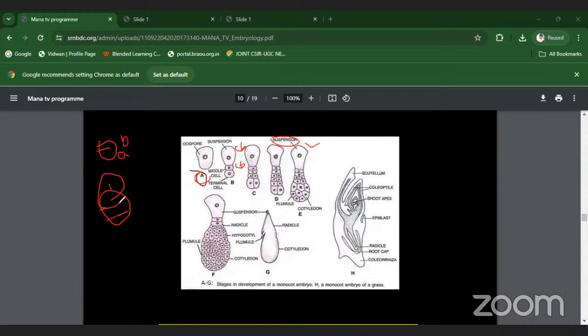Now there are three cells: one, two, three. Later, due to longitudinal and transverse division in CA, the proembryonic quadrant is formed.